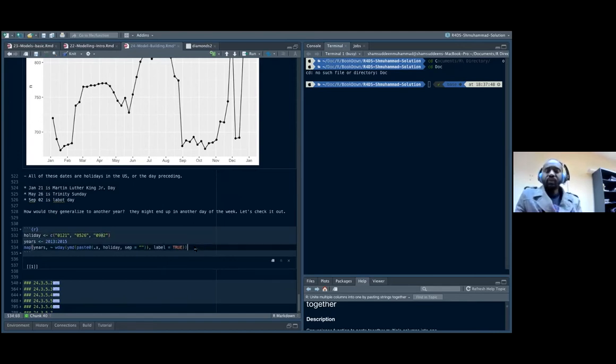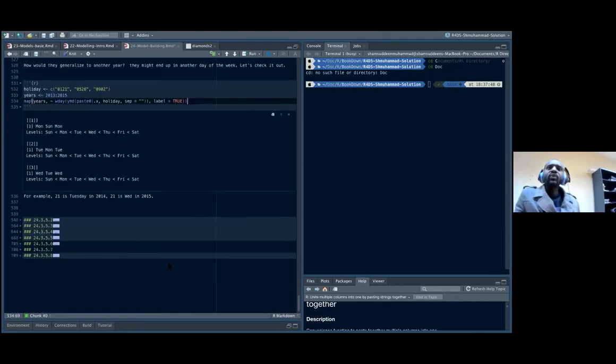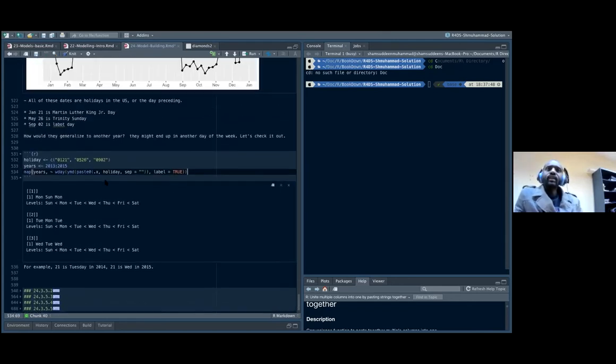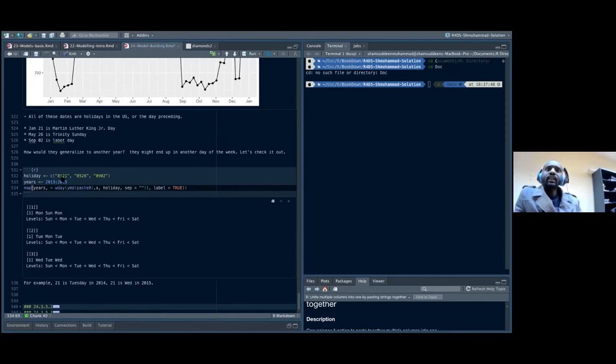Yes, of course, we know they may not. So we can see in 2013, they are Monday, Sunday, and Monday. These days, 21 is Monday, 26 is Sunday, and 2nd September is Monday. So in the subsequent year, which is 2014, the 21st is Tuesday.